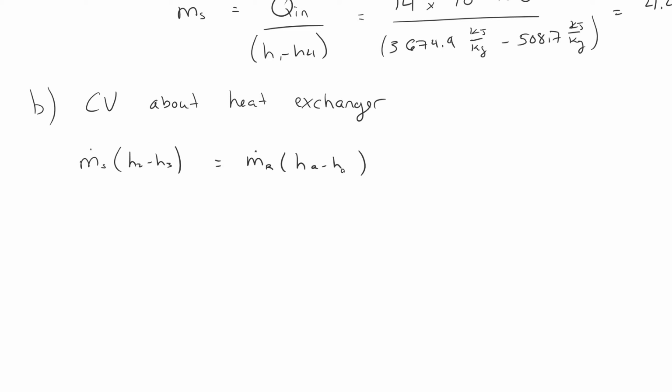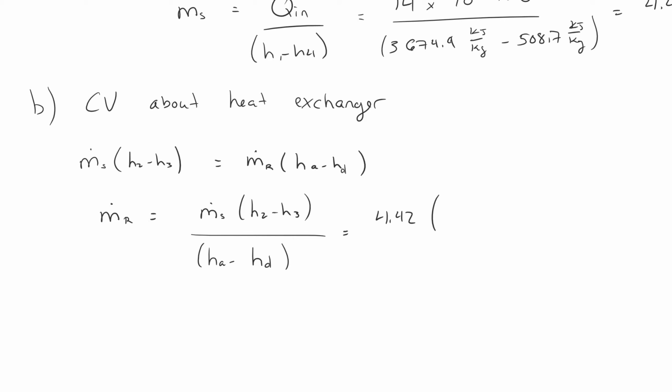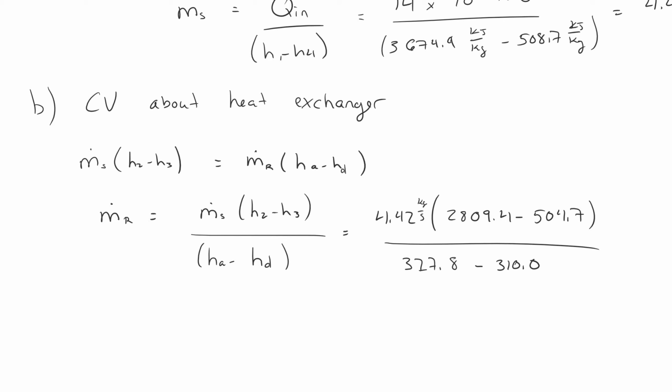Right. h sub D. All right, so the mass flow rate of my refrigerant can be written, and this gives me an absolutely staggering mass flow rate of 572.3 kilograms per second. And that's because of the extreme mismatch in the enthalpy values.